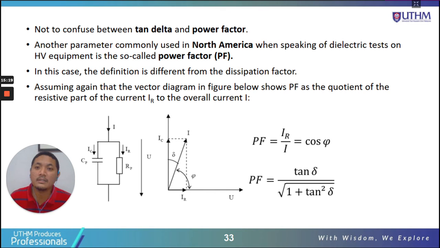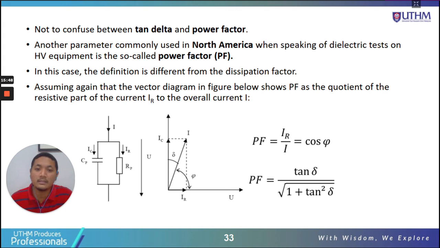So the definition is slightly different. However, the value does not change much, it is almost similar. For example, power factor is basically cos theta, where theta is the other angle.